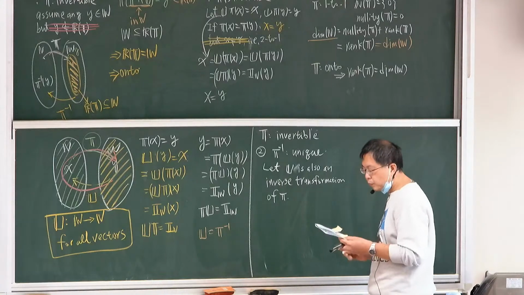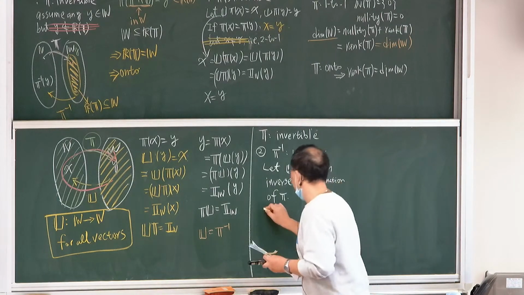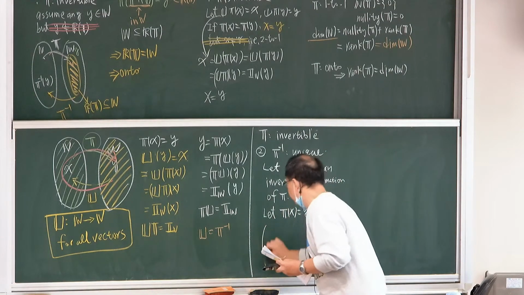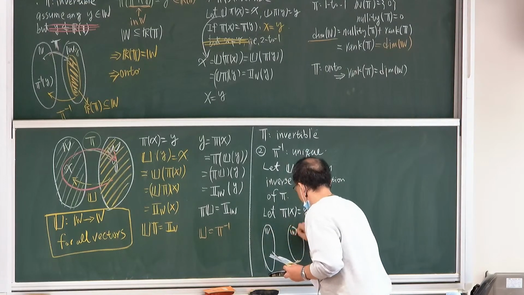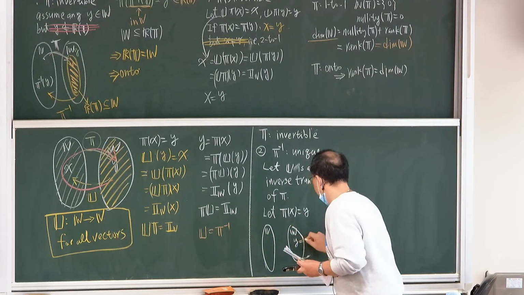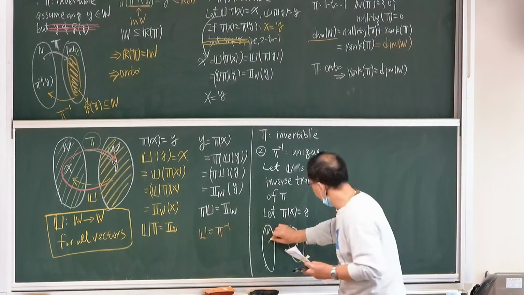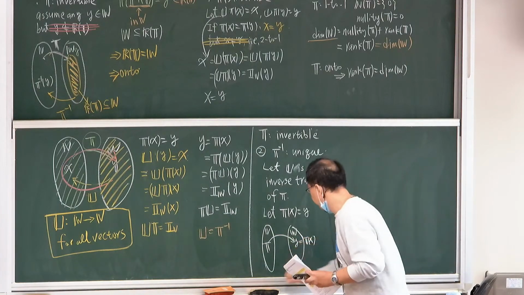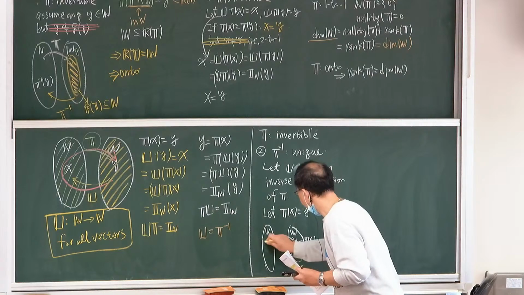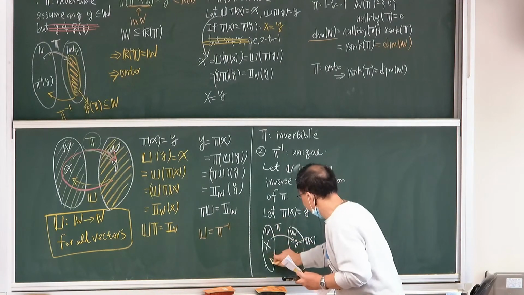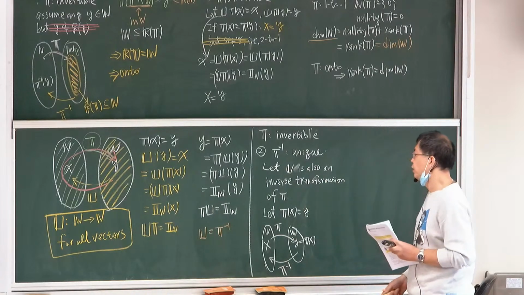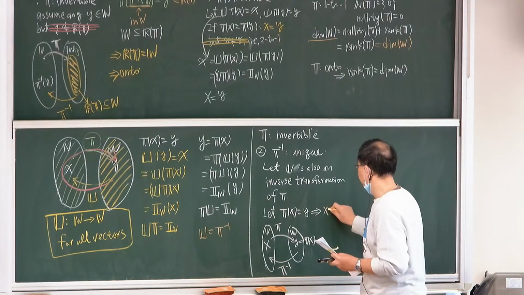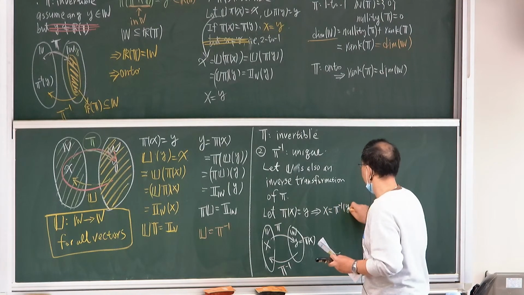So we assume it here. Okay, then what do we have? We let T of x equal y. So in the vector spaces V and W, we have y, which equals T of x. Now we know that T is invertible, so x equals the inverse transformation of y.